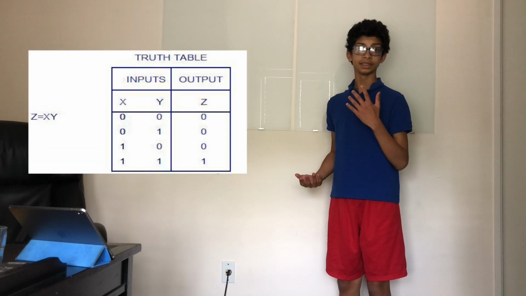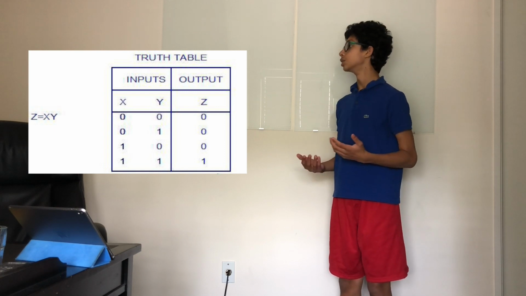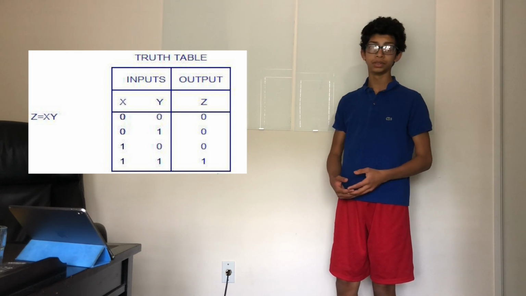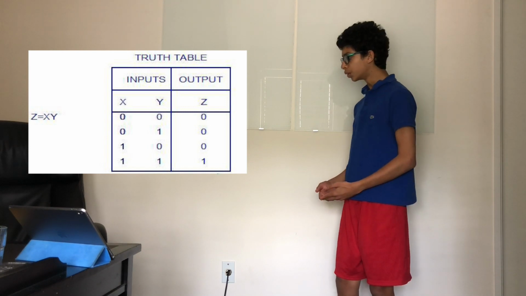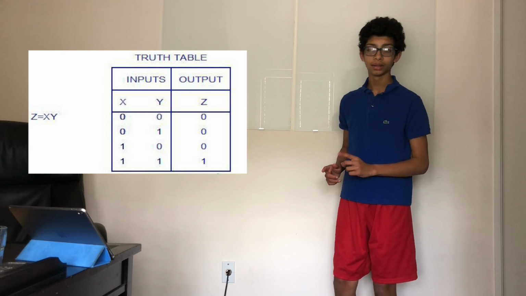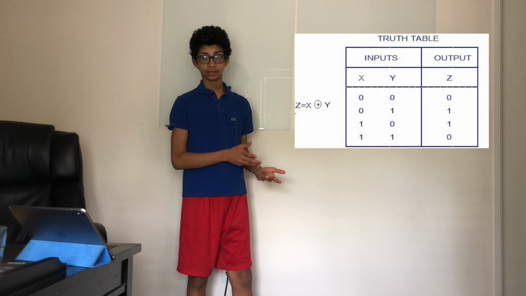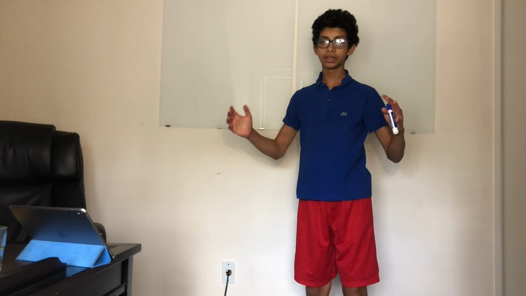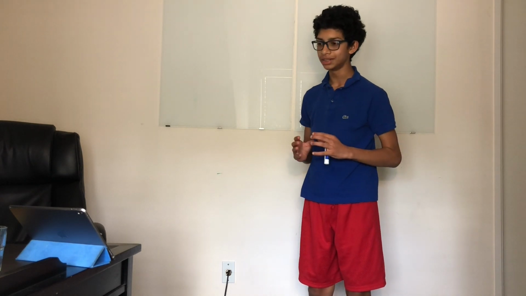For AND, it's this. You can see the 0 0 outputs to 0, 1 0 and 0 1 both output to also 0, and for 1 1 it finally outputs 1. For the XOR gate, it's this. For the NOR gate, it's this, and so on. Now let's bring all the points together and think about what we need for the computer.